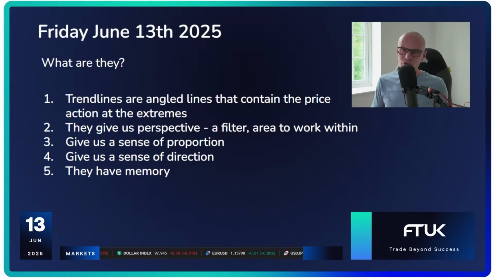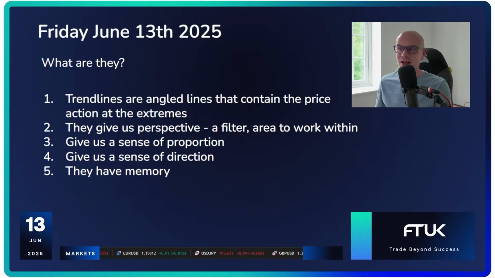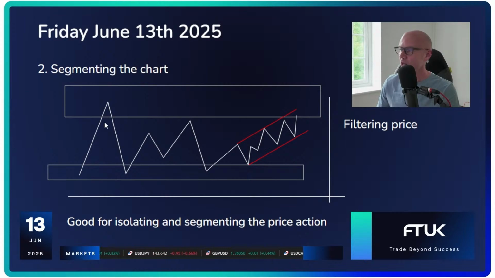So what they do as well, though, is they allow us to segment the price. They give us a sense of perspective, and we can use trend lines themselves as a very, very basic form of filter. Now, what do I mean by that? Take this as an example. You have a lot of price action in front of you, and you've got major trends meshing together with minor trends.